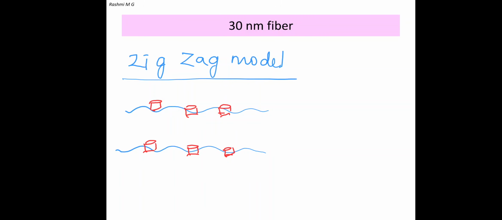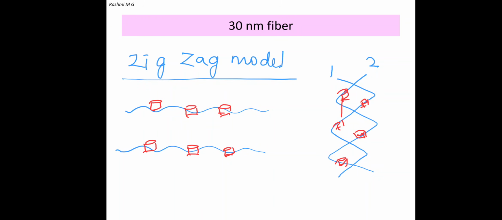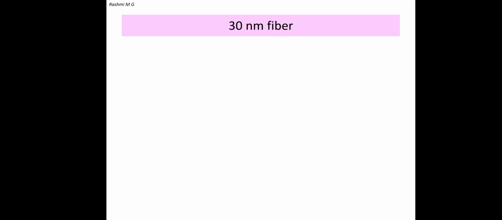This forms a zigzag structure. There are nucleosomes here and there, and there is an interaction between them. The interaction is n plus 2 and so on.